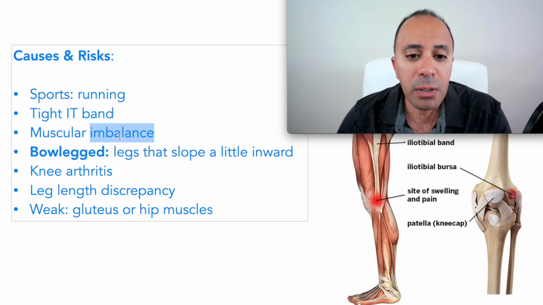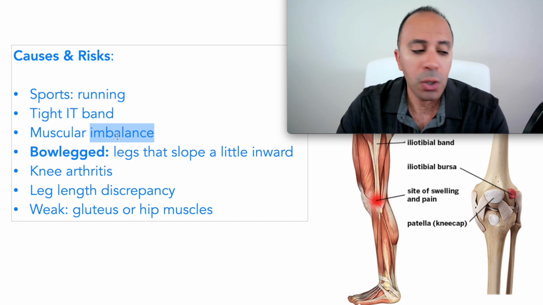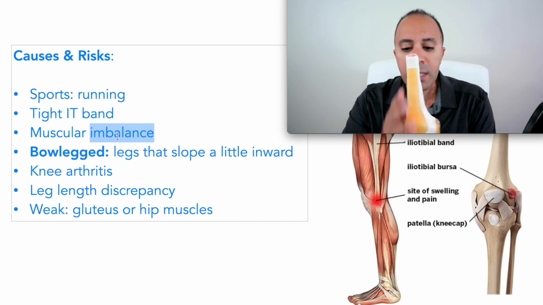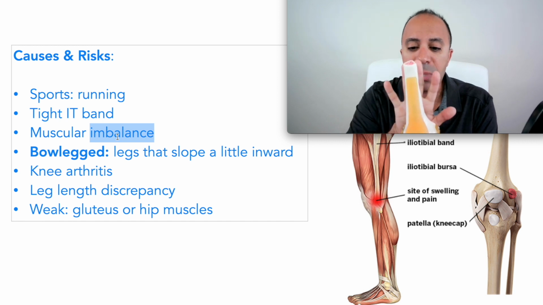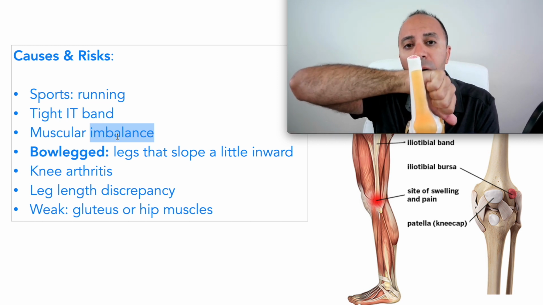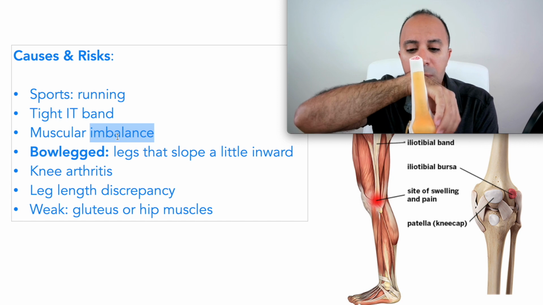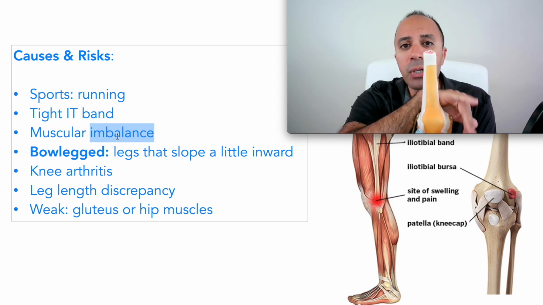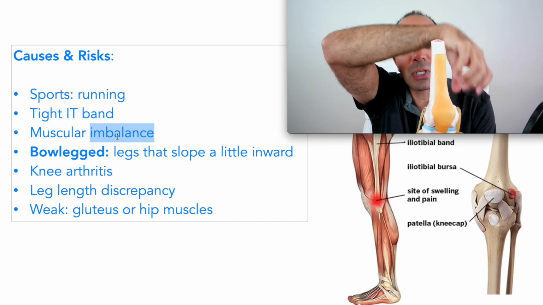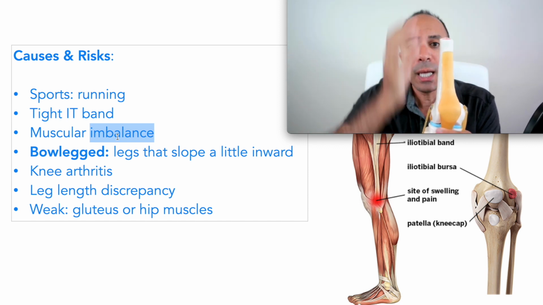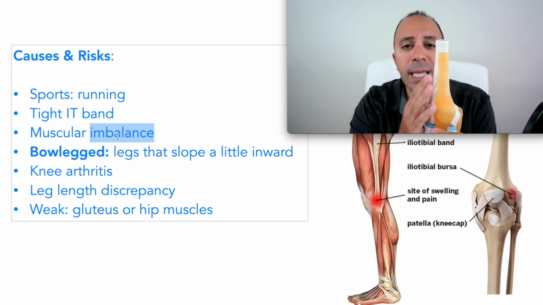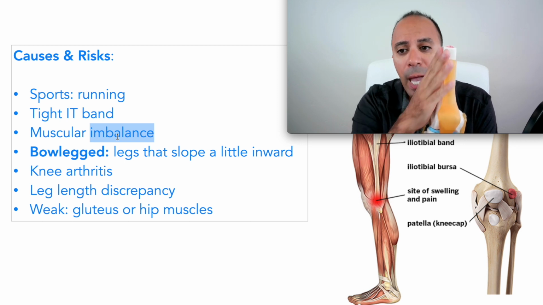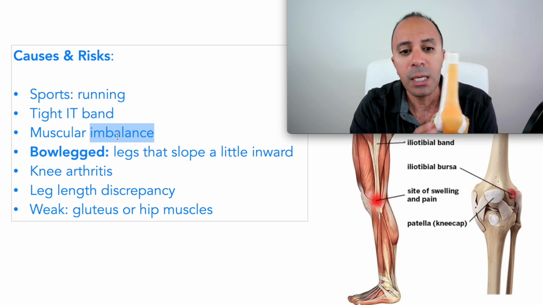If you have muscular imbalance between your quads, your hamstrings, and your hip adductors, if your hip adductors are weak, your IT band is gonna pull more, trying to compensate for that weakness, because the hip adductors attach on the inside and the IT band is outside. So that's gonna cause compensation and more strain on the IT band.